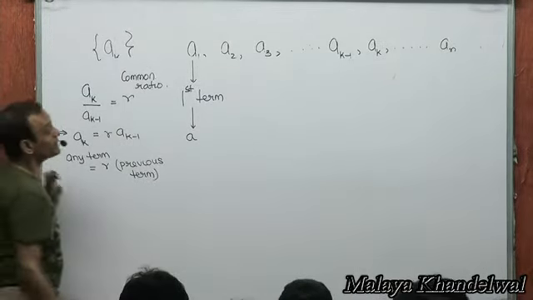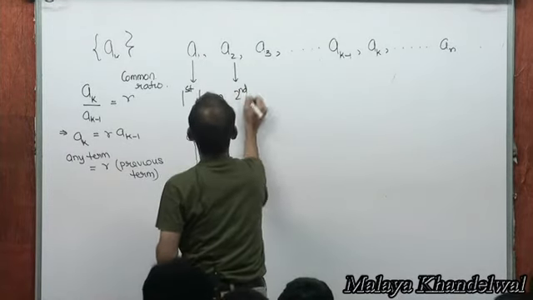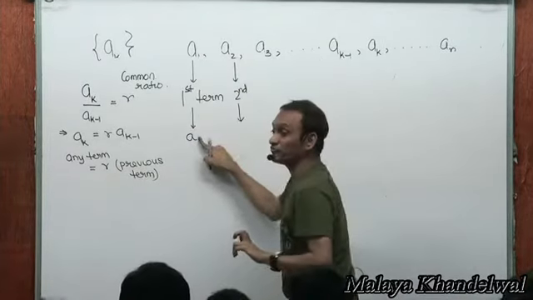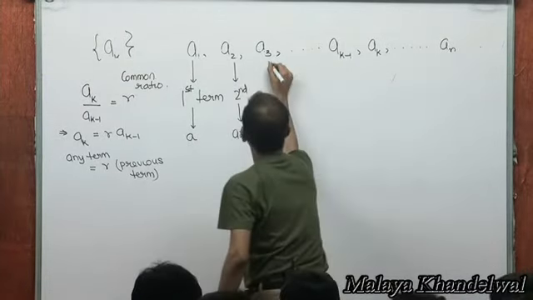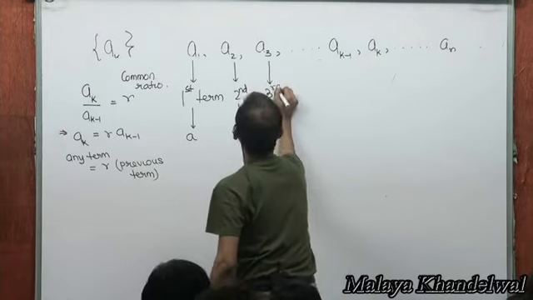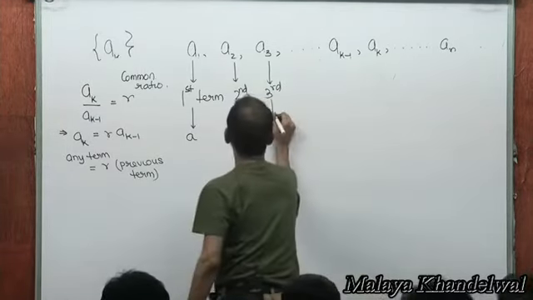Right? That means the second term is obtained by multiplying the first term with R. So the second term would be AR. The third term is obtained by multiplying the second term with R. That means it's going to be AR squared.